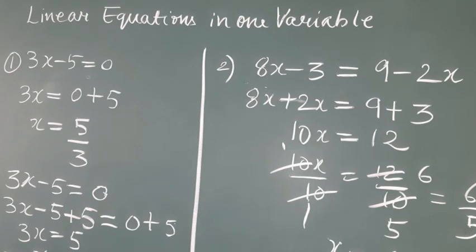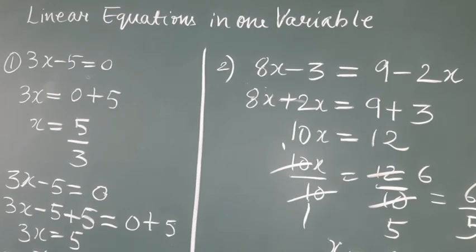You can simply move that 10 to the right hand side also, or you can divide both the sides by 10. So now it is x is equals to 12 upon 10. Since 12 upon 10 can be simplified easily, I have simplified it to 6 upon 5. So this is the answer. The value of x is 6 upon 5.